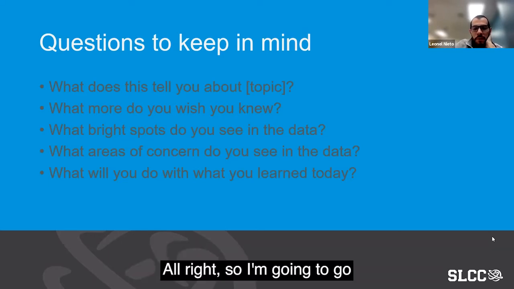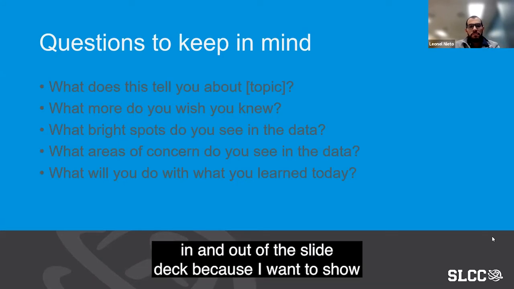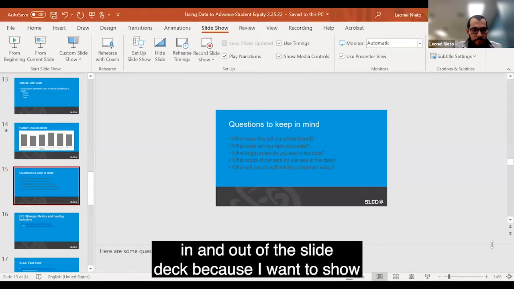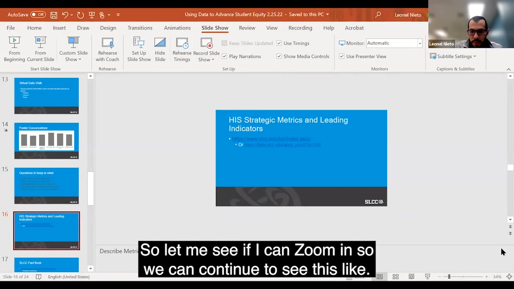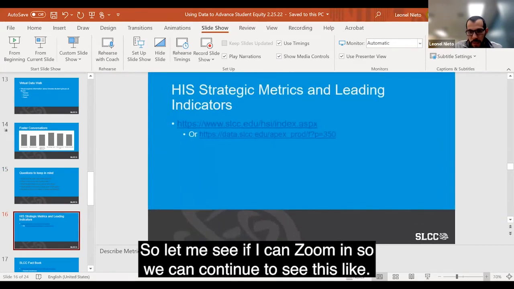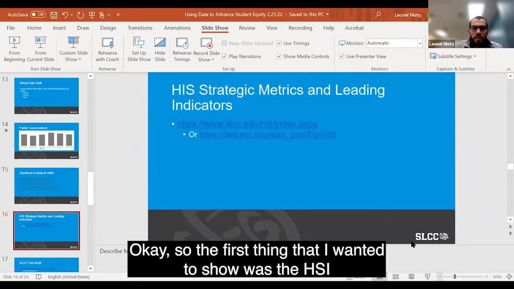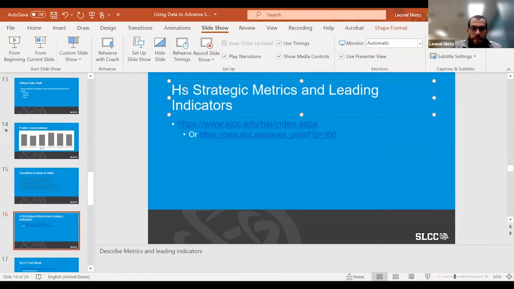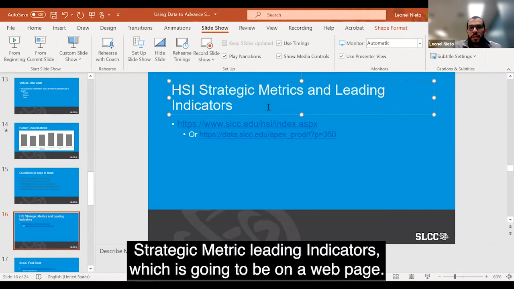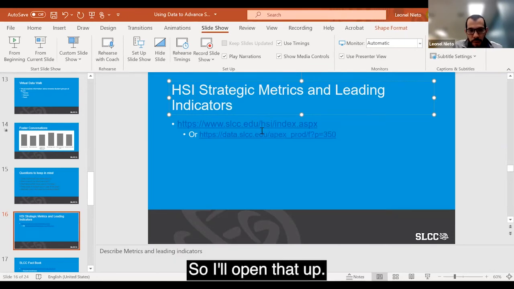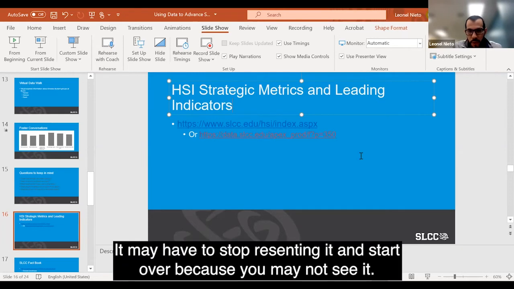All right, so I'm going to go in and out of the slide deck because I want to show what I'll be presenting. So let me see if I can zoom in so we can continue to see this slide. Okay, so the first thing that I wanted to show was the HSI, and there's a typo, apologize, the HSI strategic metric leading indicators, which is going to be on a web page. So I'll open that up. I may have to stop presenting and start over because you may not see it.